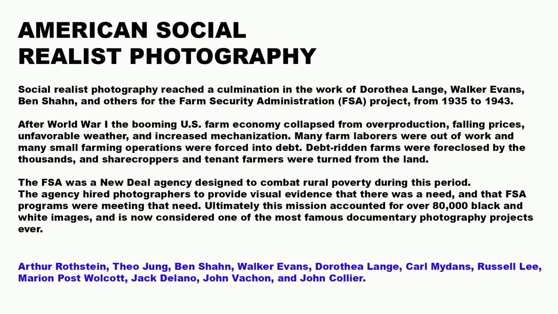The FSA was a New Deal agency designed to combat rural poverty during this period. The agency hired photographers to provide visual evidence that there was a need and that FSA programs were meeting that need. Ultimately, this mission accounted for over 80,000 black and white images and is now considered one of the most famous documentary photography projects ever.